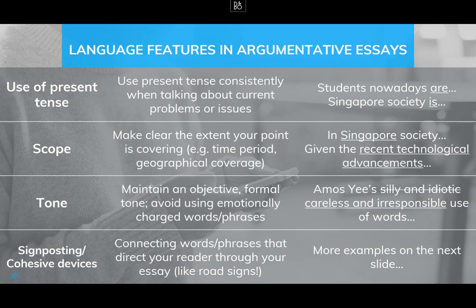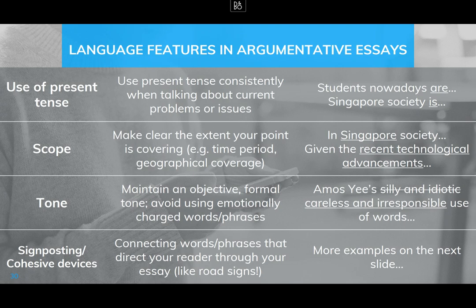Okay, all right, now the third language feature will be when it comes to your tone, you want to maintain an objective formal tone and avoid using emotionally charged words or phrases. Okay, so if we look at the case study of Amos Yee, for example, when it comes to looking at free speech, when you say Amos Yee's silly and idiotic use of words, immediately the reader is thinking, does this writer know what he is talking about when he chooses to use words like these?